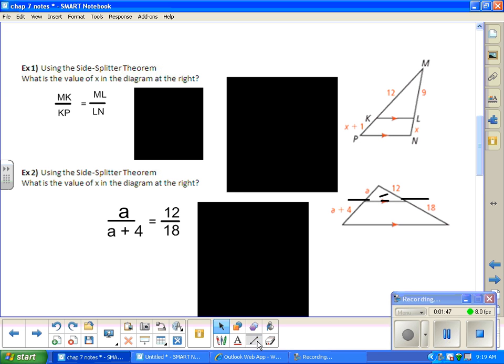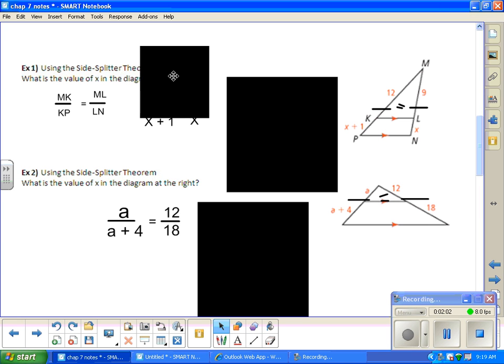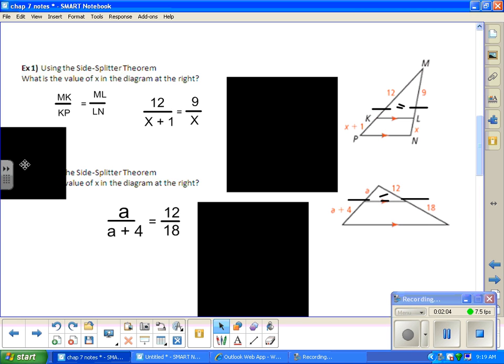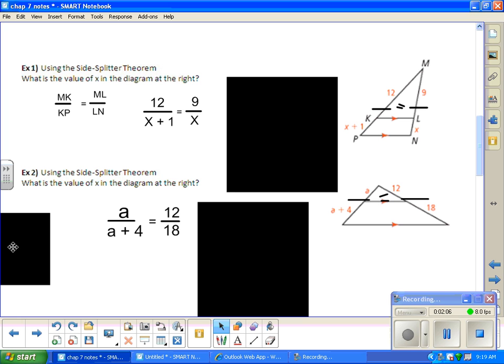All I really do for all of these problems is just find my sides and draw my fraction bars and my equal sign. And then I just go ahead and write my proportion. So when I plug in all the numbers, I end up with 12 over x plus 1 equals 9 over x. And if you can see here, with my fraction bar here, it's the same thing.